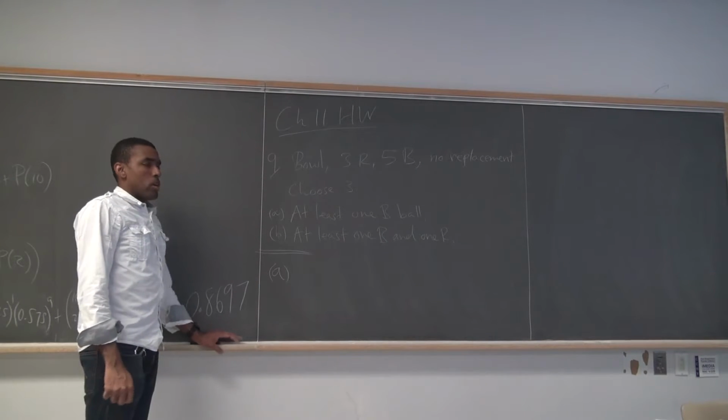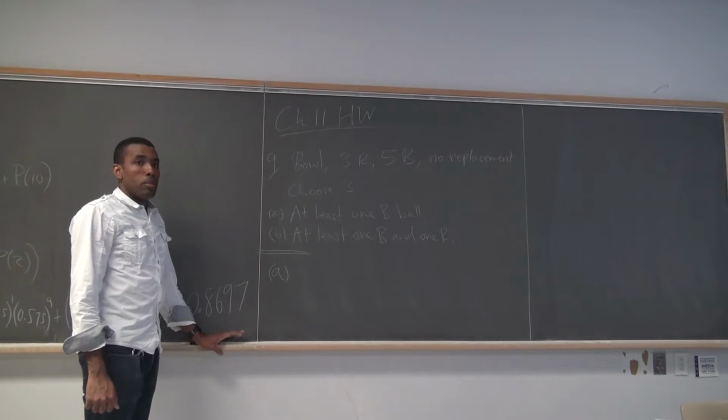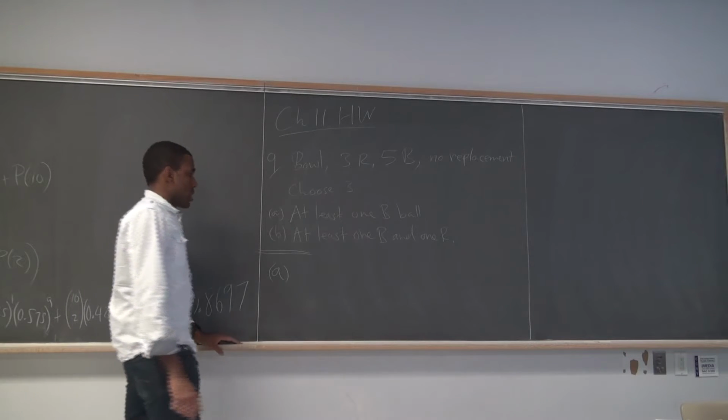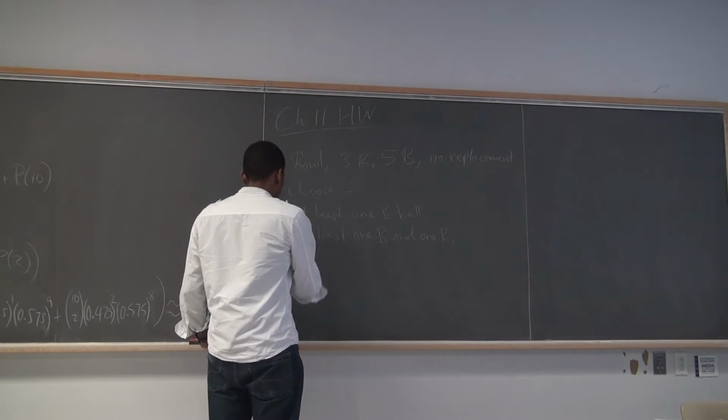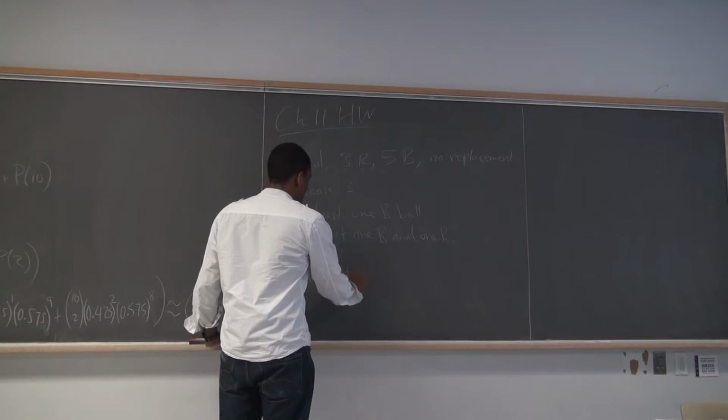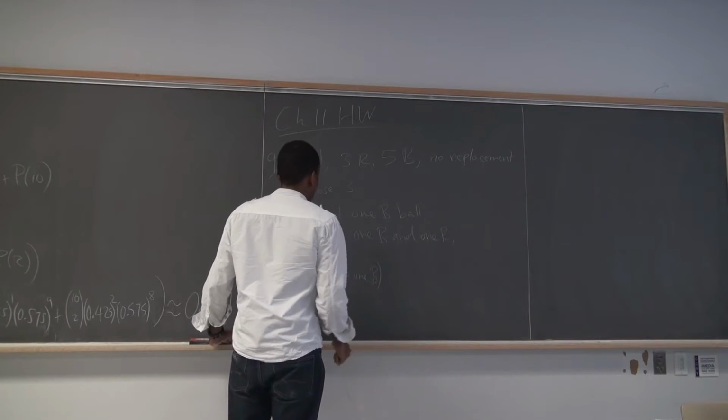Okay, how do we figure out the probability of at least 1 black ball? There's no replacement, so the first time you have 8 opportunities, and so it would be 5 out of 8 to choose 1 black ball. Oh, we're doing the probability of at least 1 black. That's not what I had as number 9.